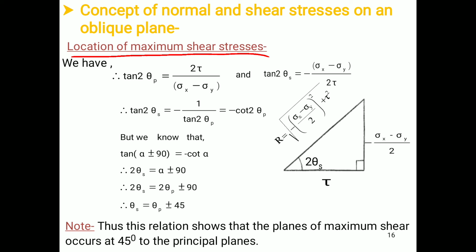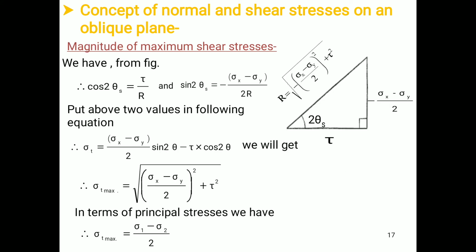Once we located the principal plane, we found the magnitude of the principal stresses. After that we located the maximum shear stress, and now we are going to find the magnitude of maximum shear stress. So the next concept is the magnitude of maximum shear stress.